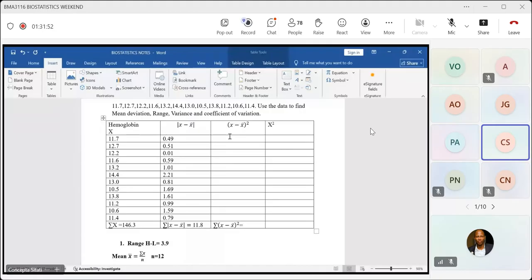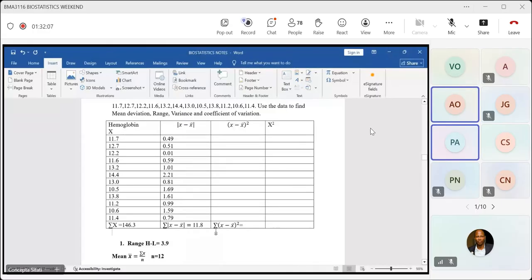Okay, let's square the x. Have you squared the x? Just square each one so that we understand better.